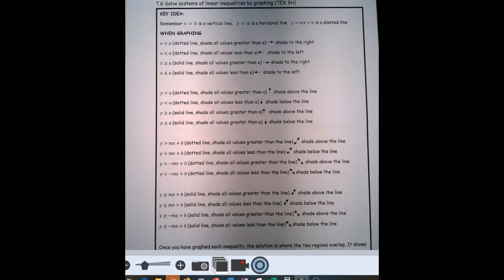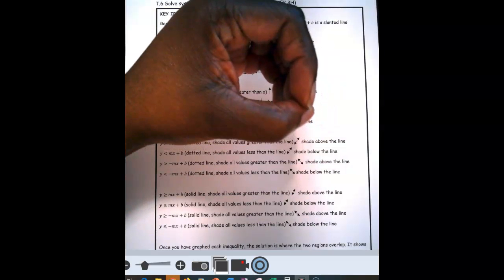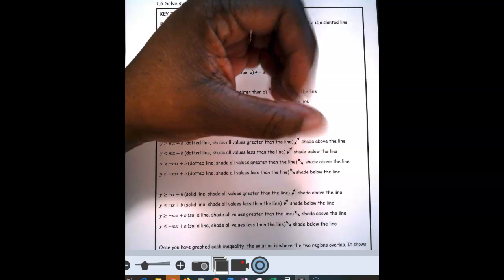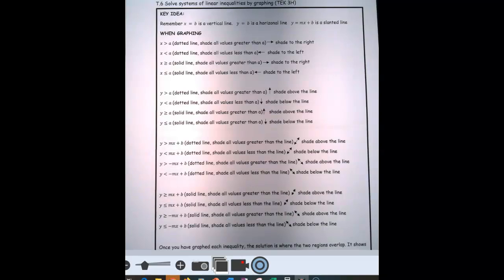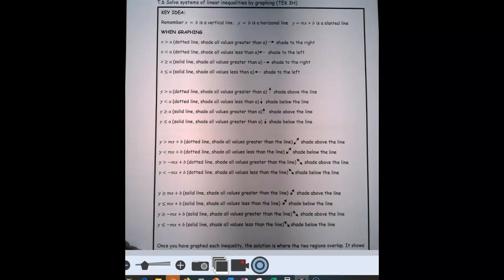If we wanted to show that a value was included, we closed the circle, right? So not included, open circle. Included, closed circle. Now the closed circle here goes along with what we call a solid line, because we're saying, yes, include this value.